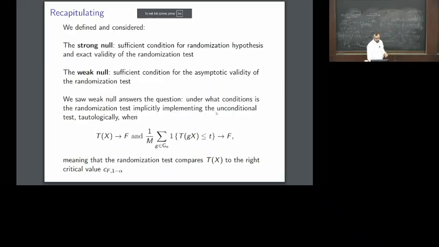We saw that the weak null answers the question: under what condition is the randomization test implicitly implementing the unconditional test? Tautologically, that's when the limiting distribution of the test statistic matches the shape of the histogram of the permuted test statistics.